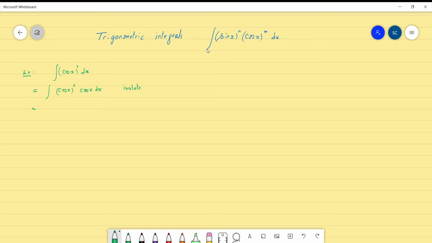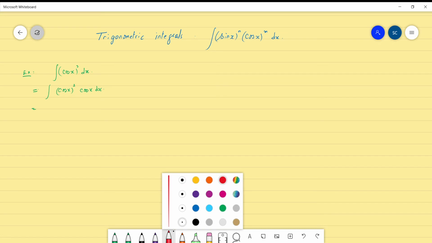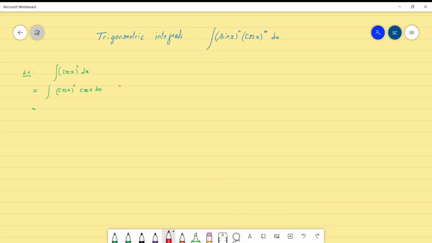Then, the second step is to save one cosine factor.